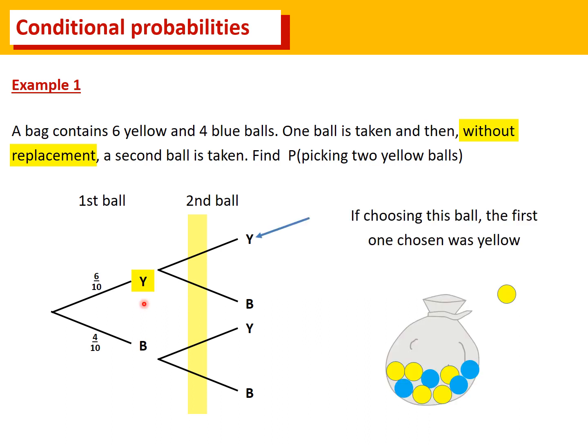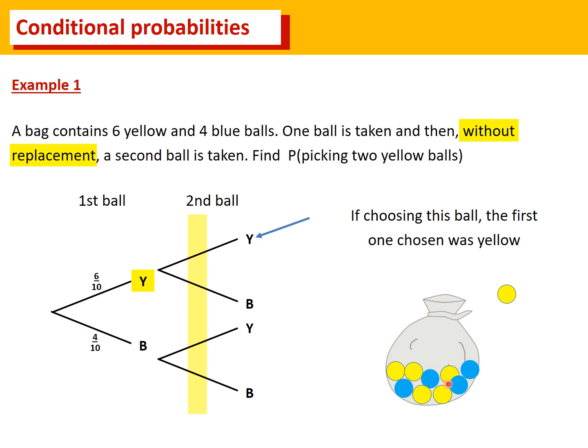If we've picked a yellow with our first pick from the bag, then with our second pick, the probability of obtaining a yellow, if we have a look at the diagram here, this was the bag where a yellow has been chosen first of all. So we can see left in the bag there are now 5 yellow balls and 4 blue balls.